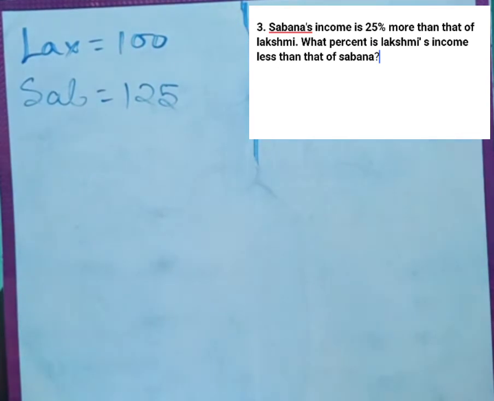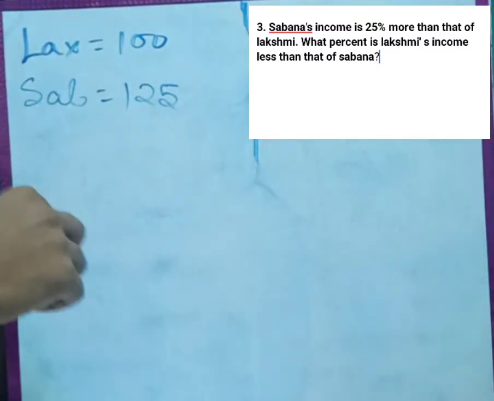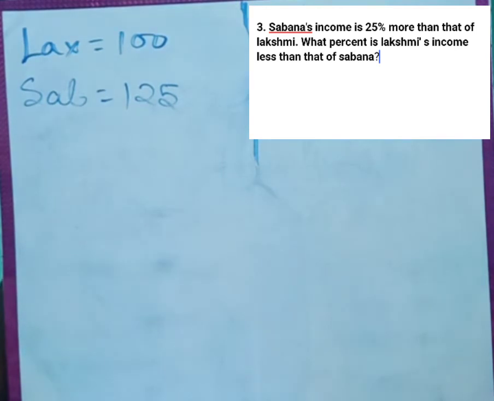Here we have to find what percent Lakshmi's income is less than that of Shabana. So we are comparing Lakshmi's income with Shabana's. So make sure of this, it is very important. Students mostly make the mistake of writing Lakshmi's salary in the denominator. So that leads to a wrong answer. So don't make that mistake, friends.